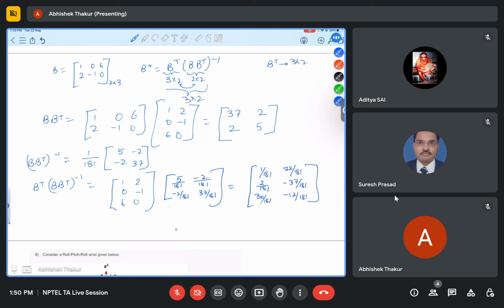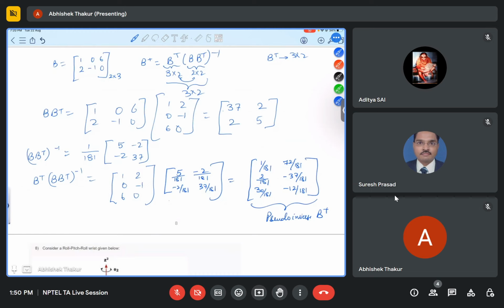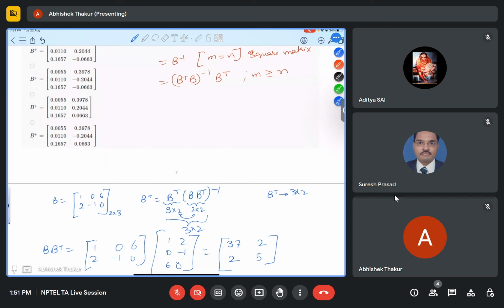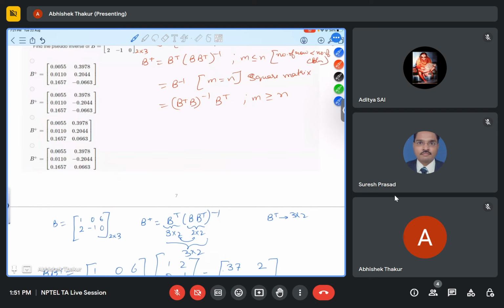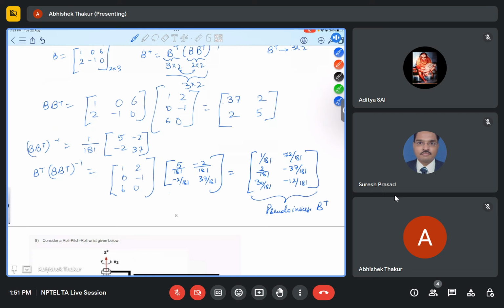So this is our B pseudo inverse. The correct option, when you divide this by 181, you will get something like 0. The correct option is option B. Just divide this by 181 using a calculator and you will get the answer.